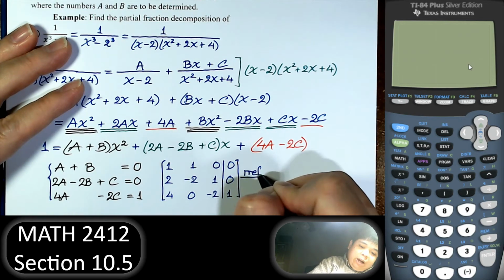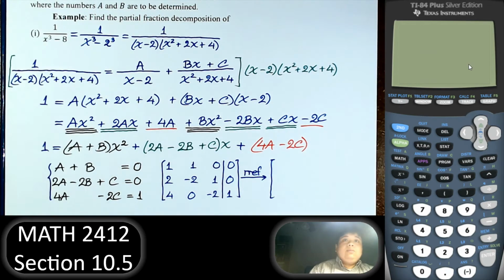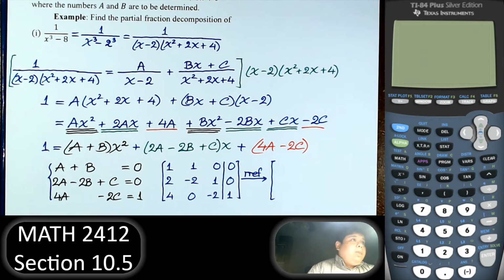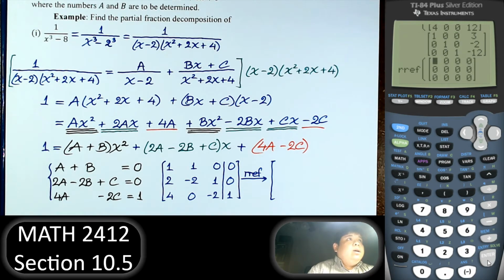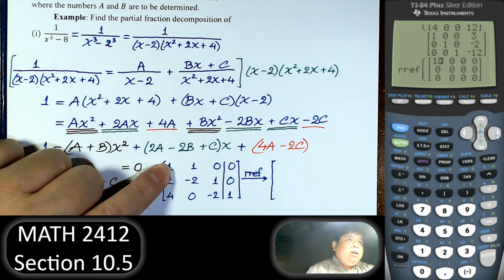And reduce row echelon form. Alright. Second matrix, reduce row echelon form and alpha zoom. Right. 1.